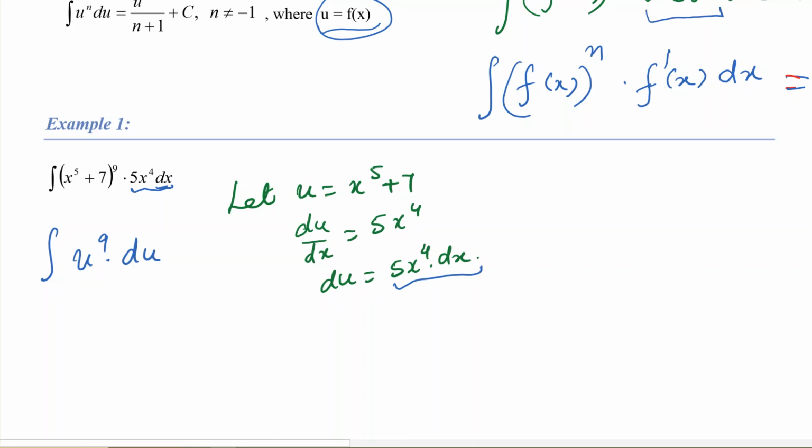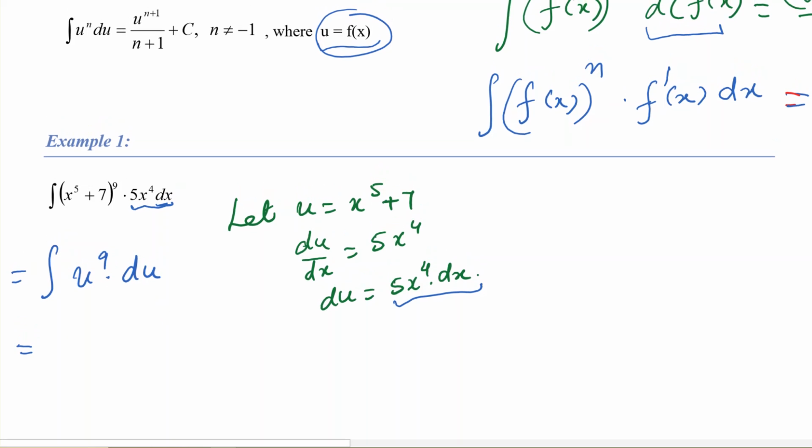So the original integral is replaced by a new integral, so everything is in terms of the new variable. This matches our general power rule. So we increase the power of u by 1, divide by the new power, plus c. So our answer is u raised to power 10 over 10 plus c.